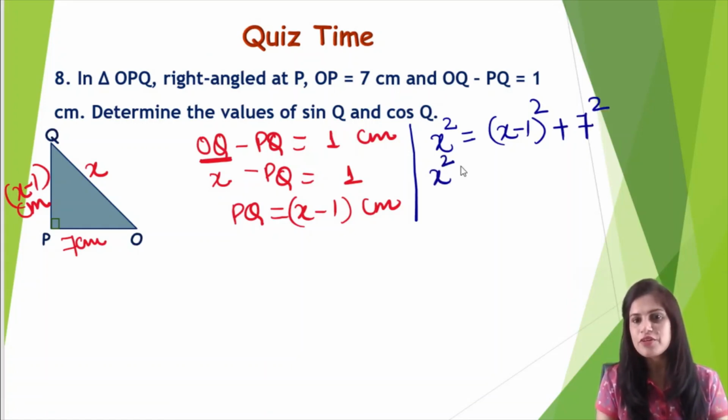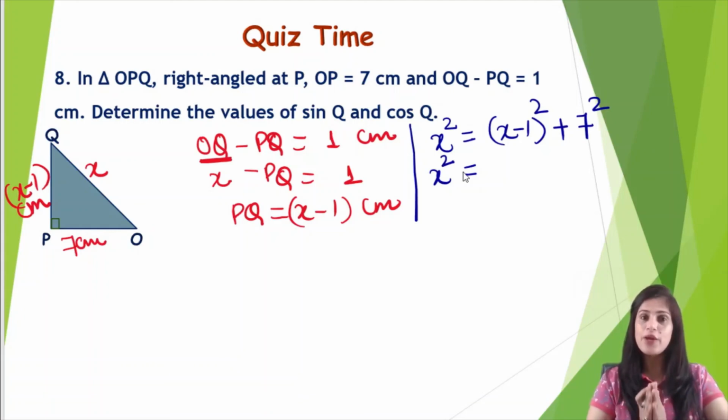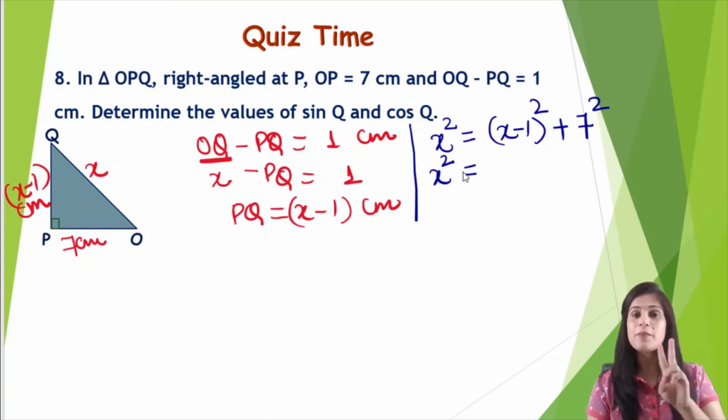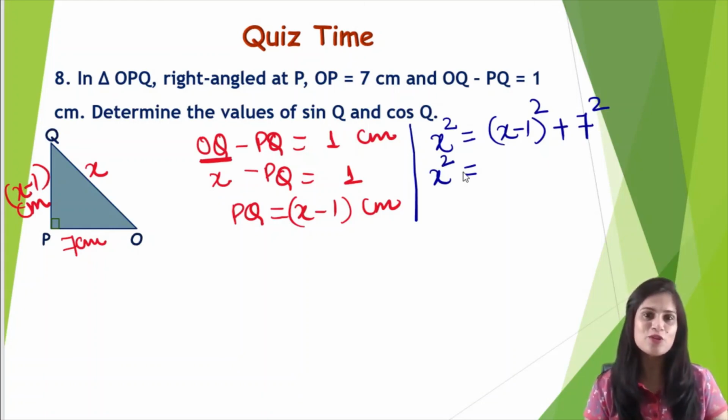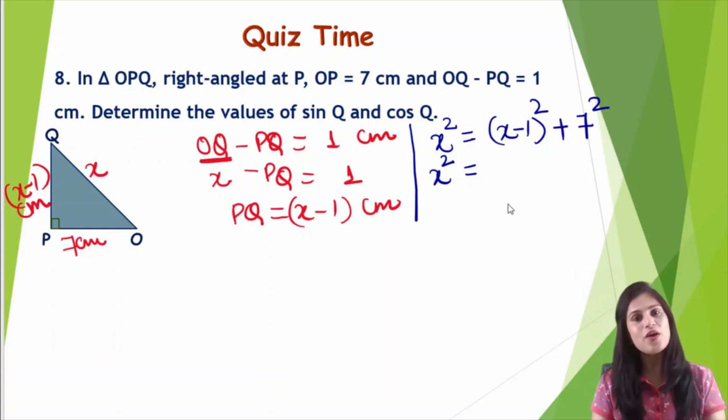Let's solve it further. Open this bracket, apply algebraic identity number 2, a minus b whole square, that is a square minus 2ab plus b square, means x square minus 2x plus 1, and further 7 square as 49.